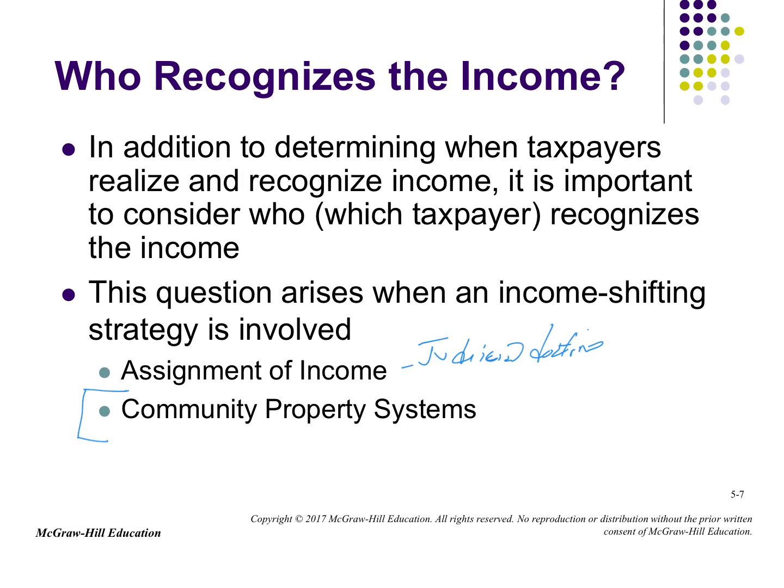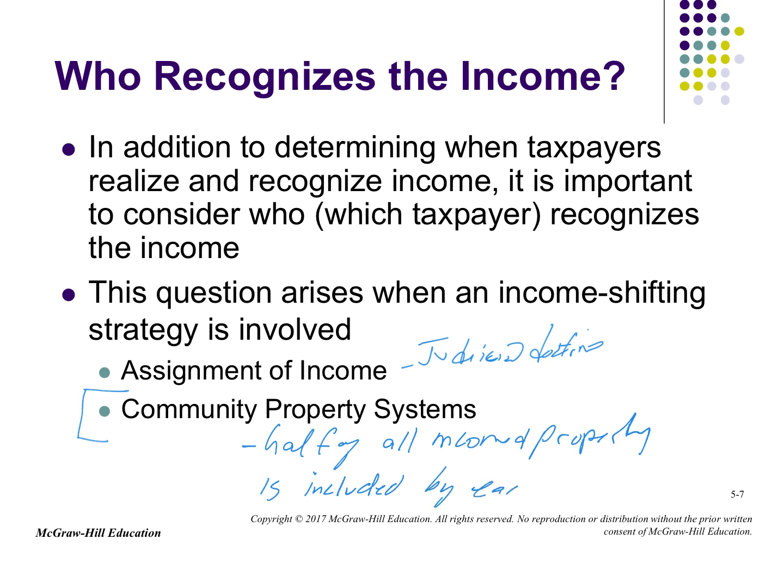So I'm going to write: half of all income and property is included by each spouse. All right, so that is it for part 1.